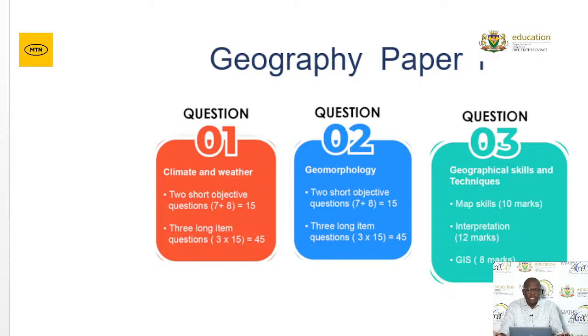Let's say, for example, the first question 7 might be multiple choice, whereby you choose the correct answer. And then the 8-mark question might be column A, column B, based on the concepts we have in climate and weather, or in climatology, in short.